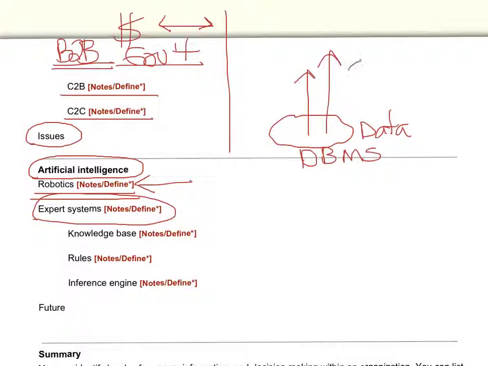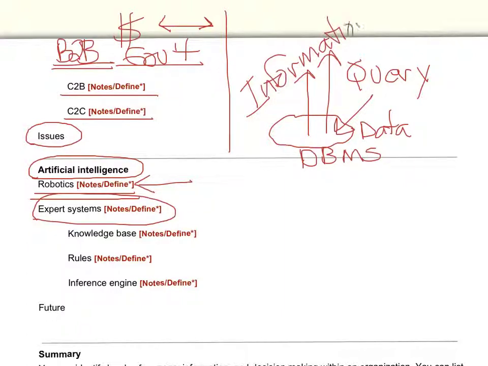We do a query to the database, and then it produces some form of information. Hopefully information that has some meaning to us. We look up a certain part for our car on the internet. So we do a query, and it comes up with information, all those different parts we need.